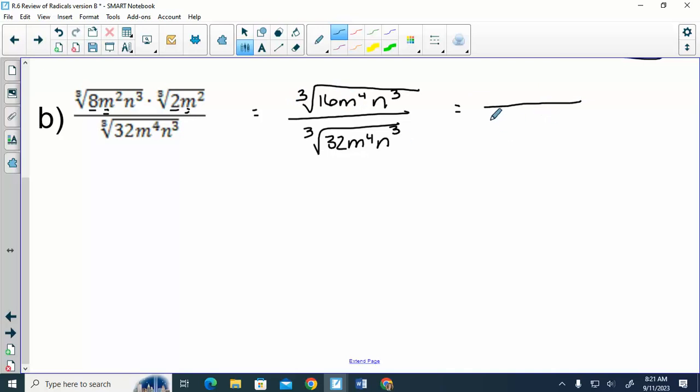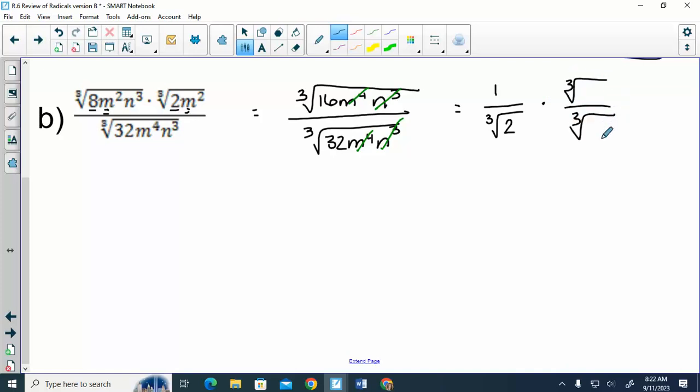So 16 and 32, 32 divided by 16 is 2, so that leaves us a 2. What happens to the m to the 4th? They cancel. What about the n cubes? So all we are left with, if everything cancels on the top, that just leaves us a 1. So we have 1 over the cube root of 2.